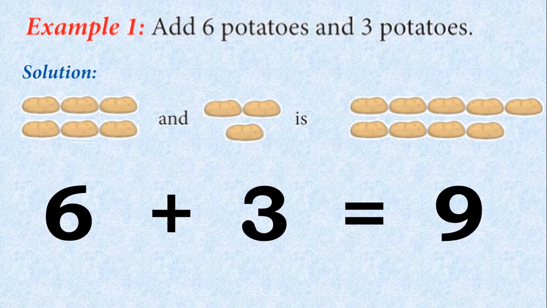The objects may be anything. Those could be potatoes, tomatoes, onions, pencils, erasers, balls, marbles, whatever. The mathematical statements will be written using numbers and these symbols plus and is equal to.